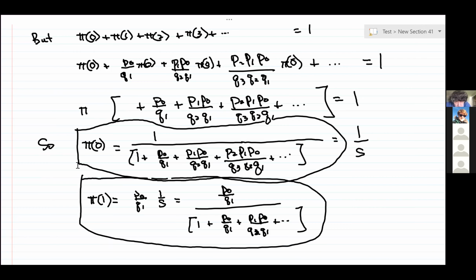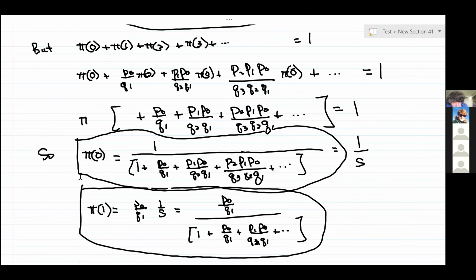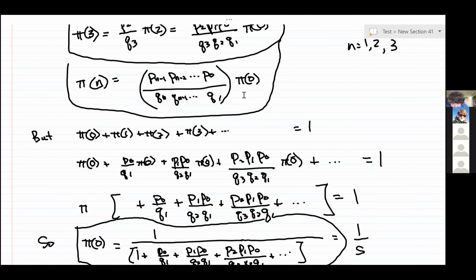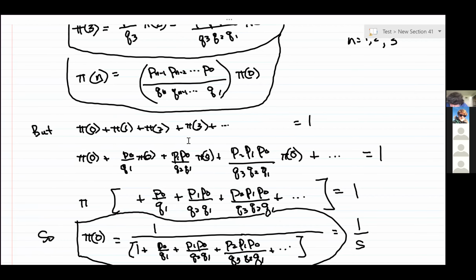And in general, you can do the same kind of thing. So if you want to know what pi n is, it's just going to be this thing times pi 0. So the general formula is that.